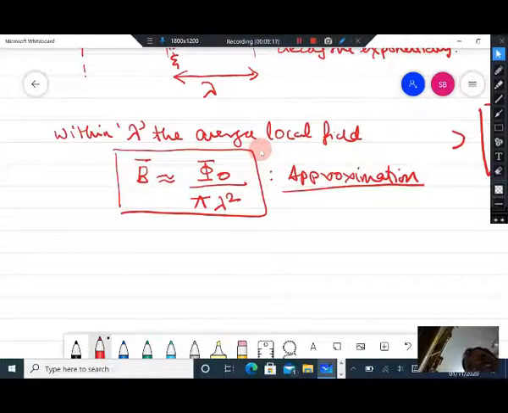Okay, so let us now look at the energy of a vortex line.